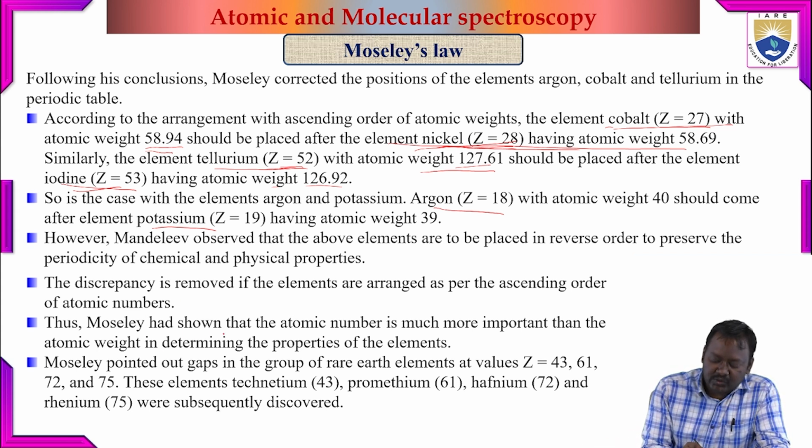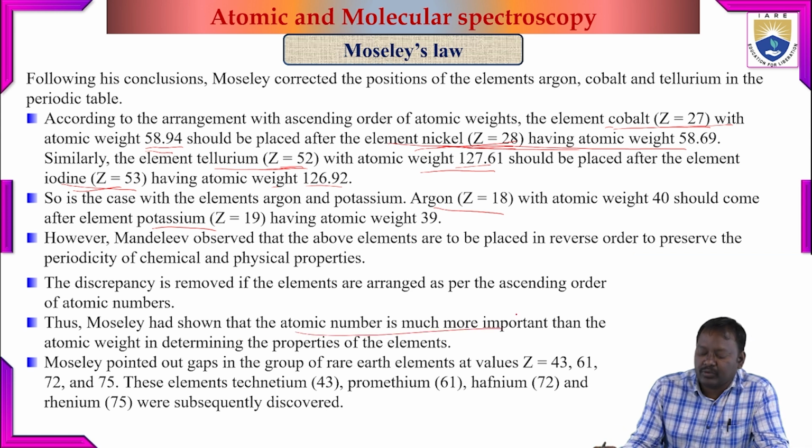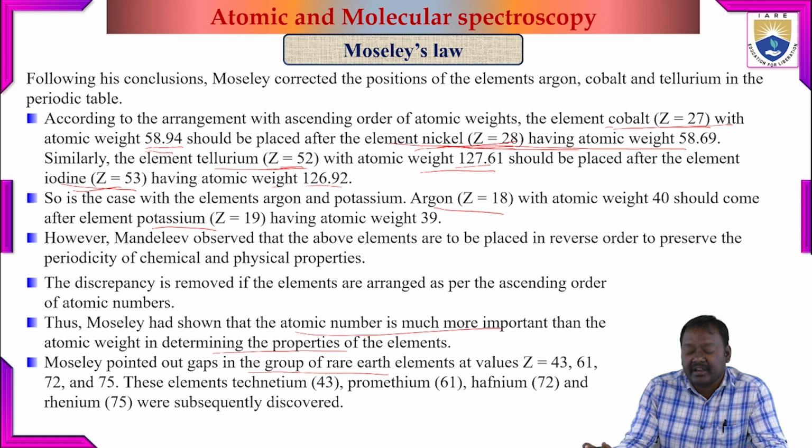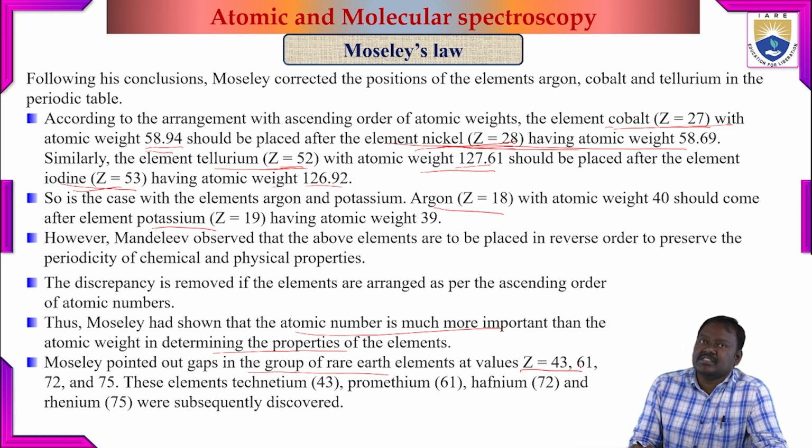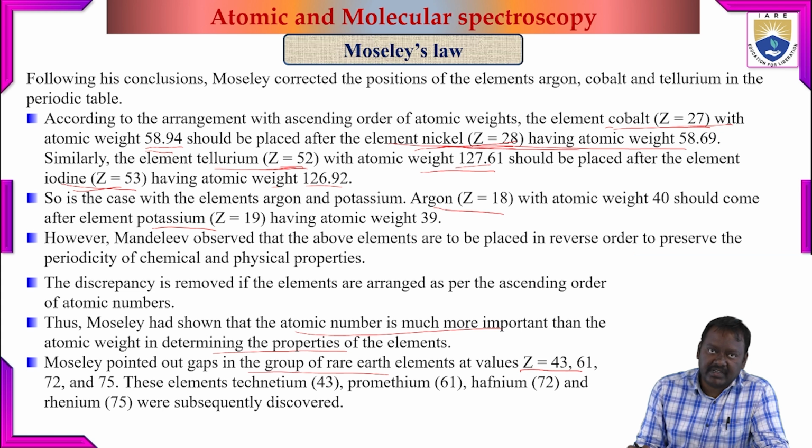Thus, Moseley had shown that atomic number is much more important than atomic weight in determining the properties of elements. And Moseley pointed out gaps in the periodic table at values Z equal to 43, 61, 72, and 75.